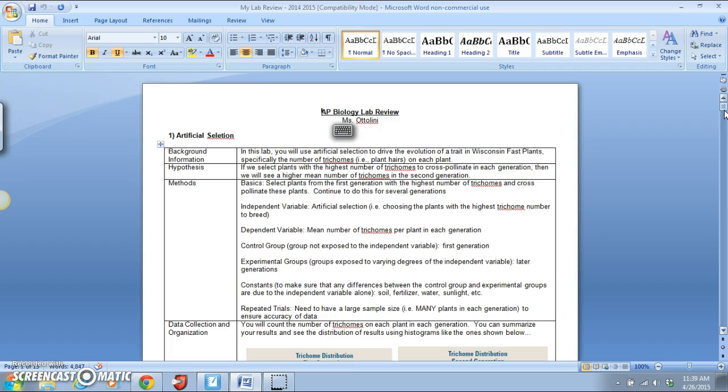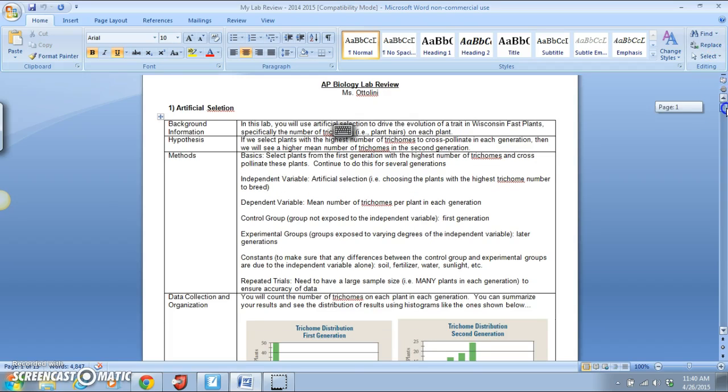I think this is a helpful document because it gives you some background information on each lab, a sample hypothesis, and then it breaks down the experiment into independent variable, dependent variable, control group, experimental groups, etc. This is helpful because often on the AP test, they will ask you to design an experiment to test a particular hypothesis. So you have to be comfortable using the terms independent variable, dependent variable, constants, etc.